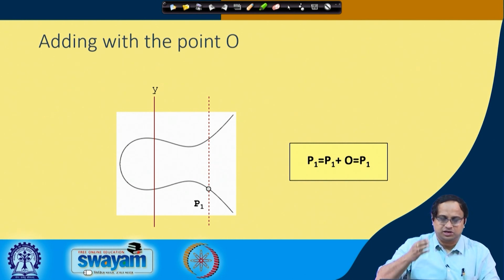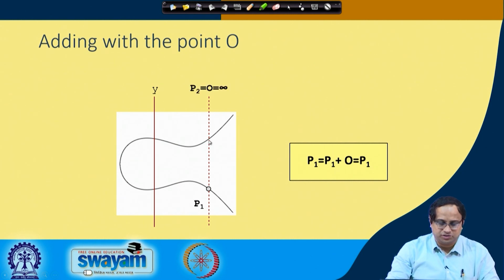This will cut the curve at the point which is minus P1, and if I reflect it back, I get back P1. That also defines what I need in my definition of the elliptic curve group: if I add P1 with O, I get P1.